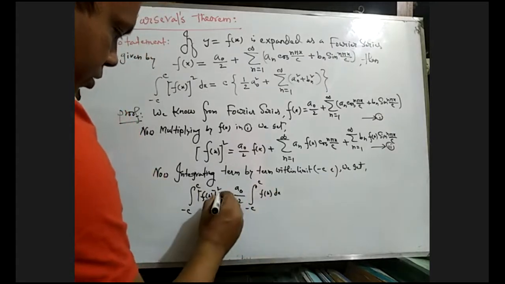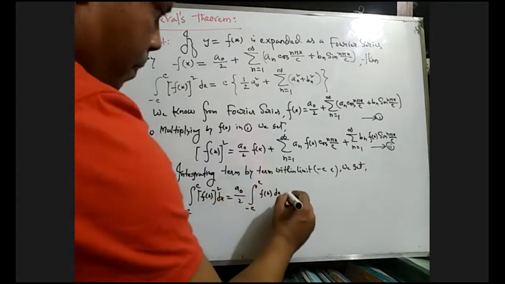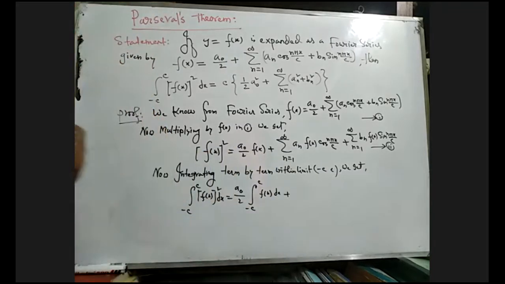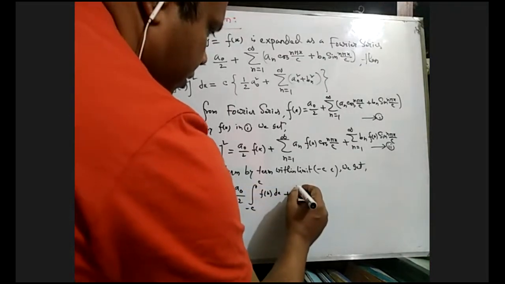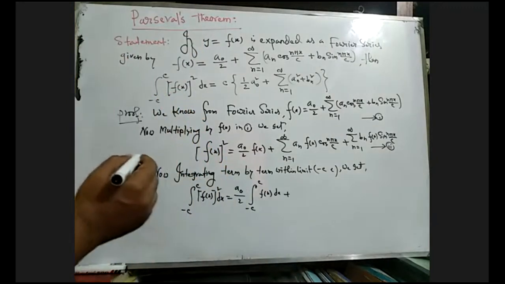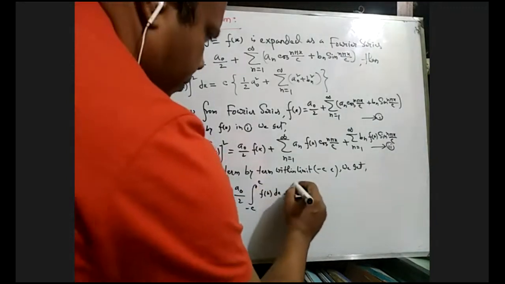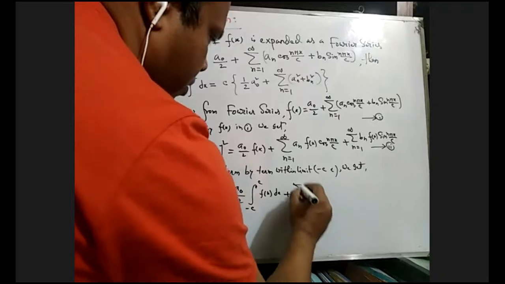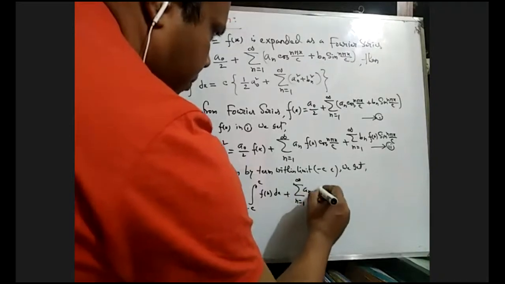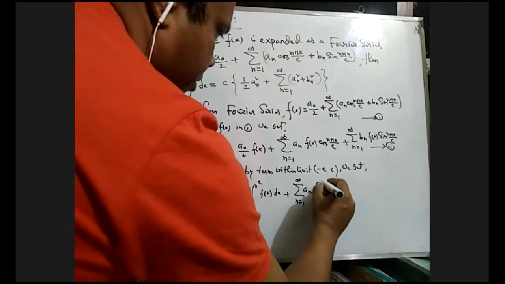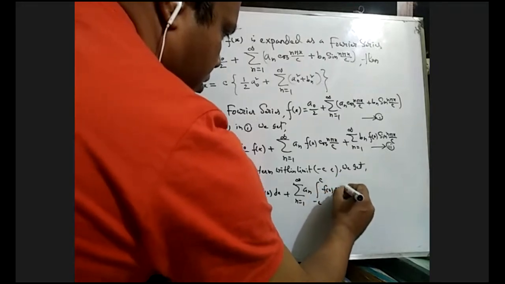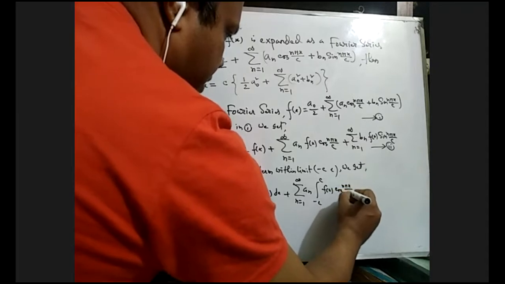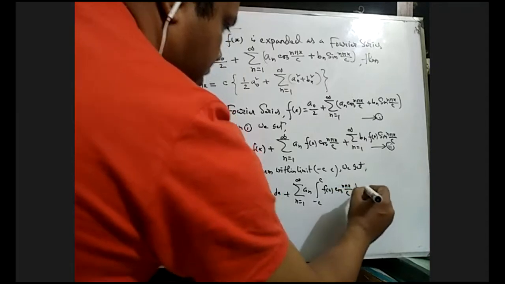You have to use dx here. Plus summation n equals 1 to infinity a n times the integral from minus c to plus c of f of x cos n pi x by c dx.